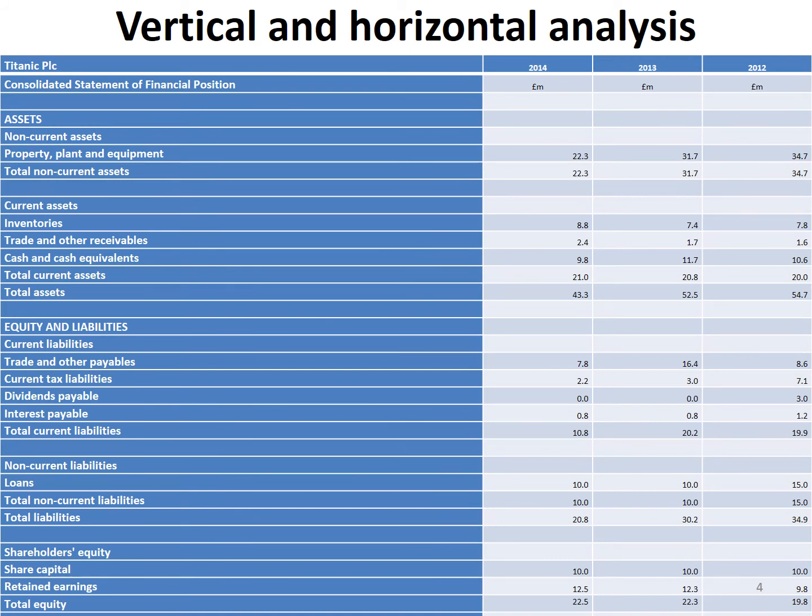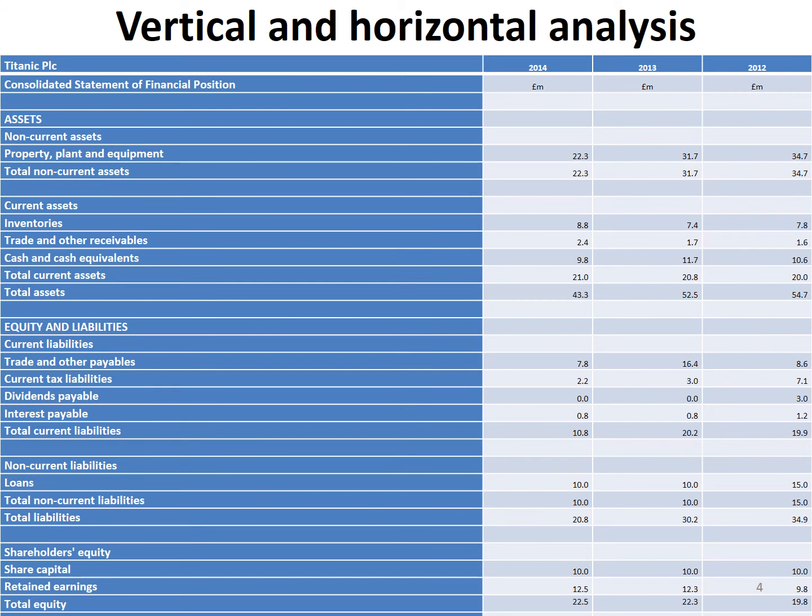So what will you do? For 2013, 31.7 minus 34.7 divided by 34.7 into 100. You will take the figures in 2012 as the base in the horizontal analysis and compute the figure for 2013 and 2014. So this is vertical and horizontal analysis for the statement of financial position.